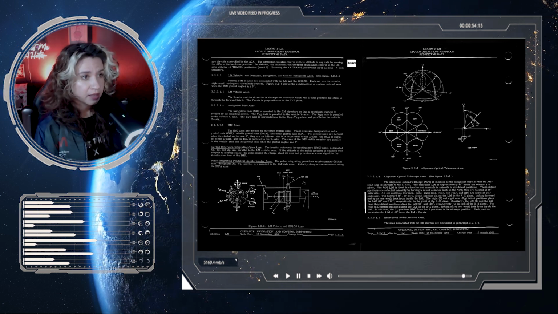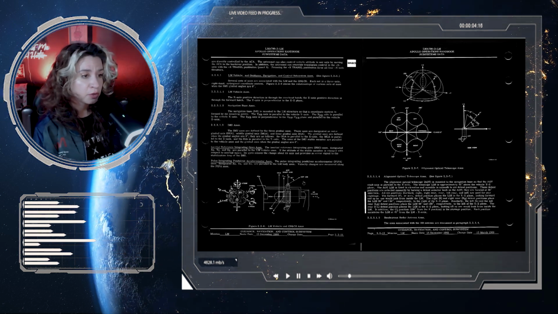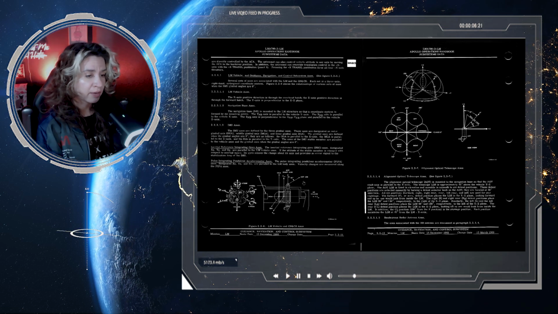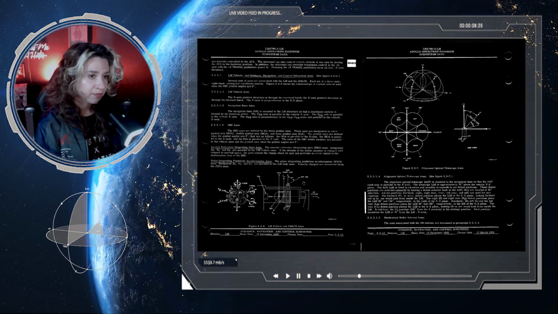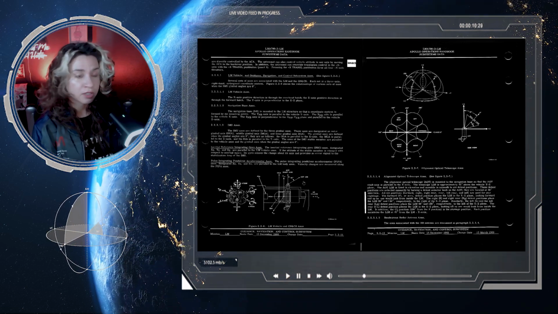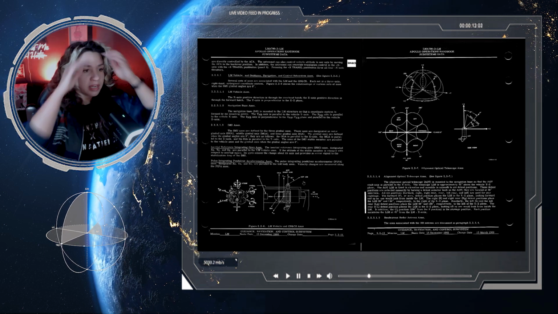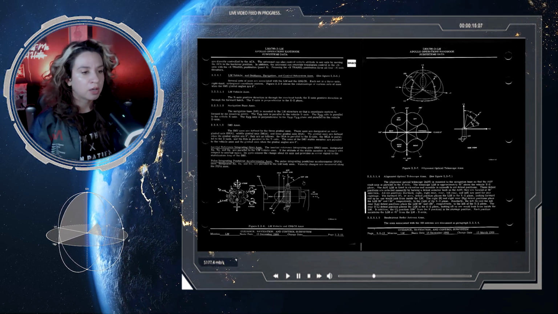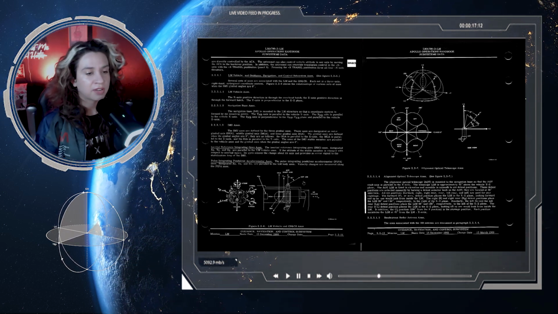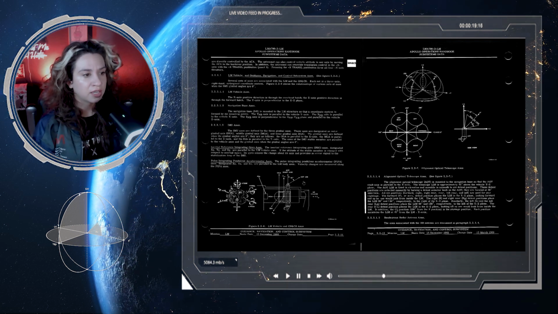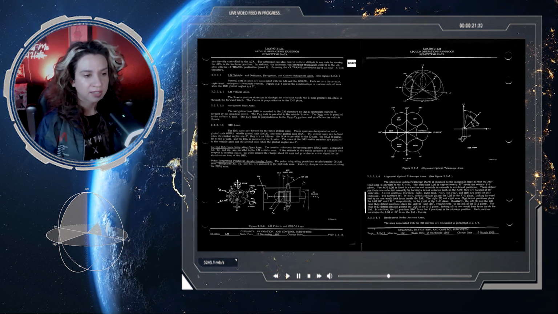Yes. And then we have figure 2.2-7, which is the alignment optical telescope axis, which I'm assuming is what we're going to discuss now. The alignment optical telescope, or the AOT, is mounted to the navigation base so that the AOT shaft axis is parallel to the x-axis.